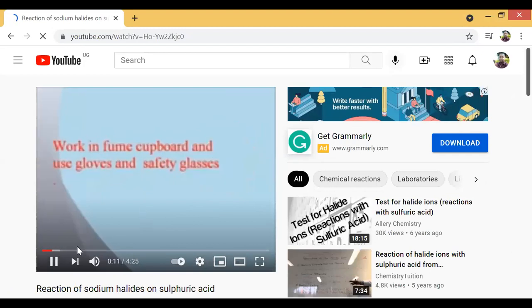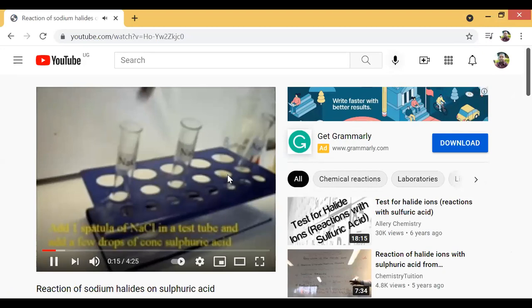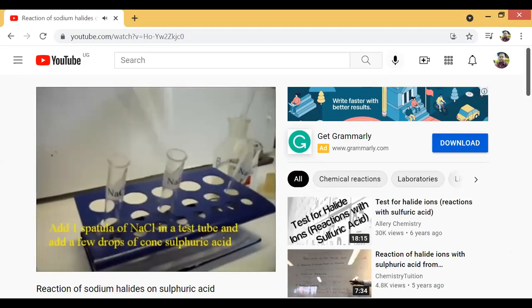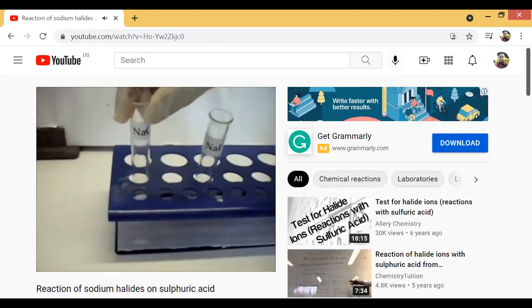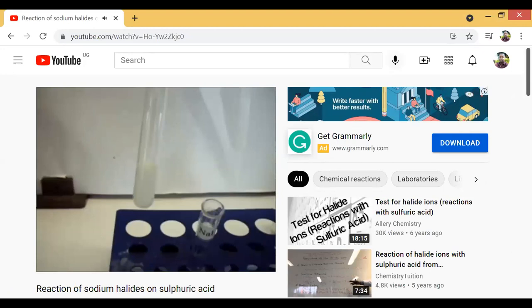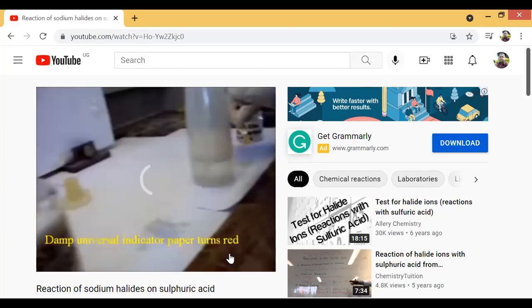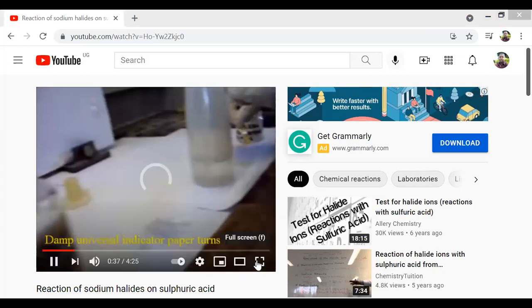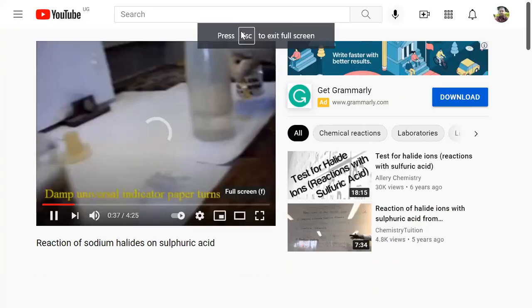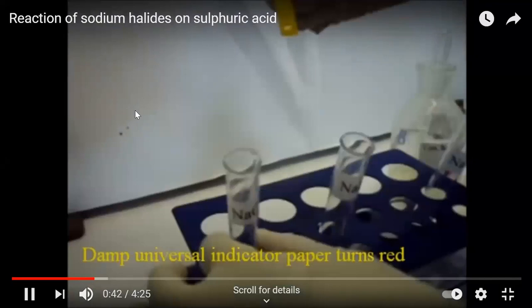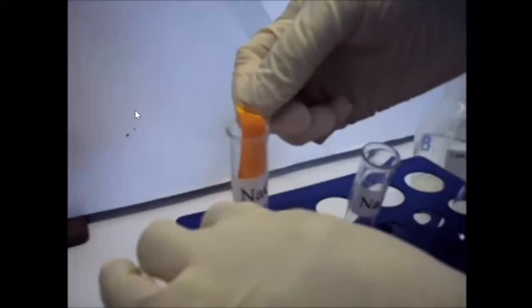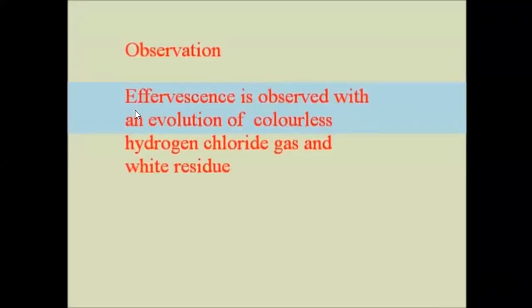So these reactions are carried out in a fume cupboard because they are so that indicator there is changing to blue, showing that there's an evolution.